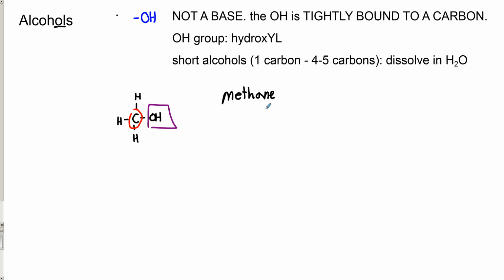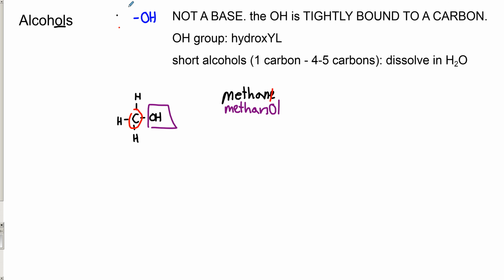Well, same idea here. Alcohols end in the sound "all". So all we have to do is cross out that E and replace it with the ending "ol". So this molecule is methanol. Quite simple.